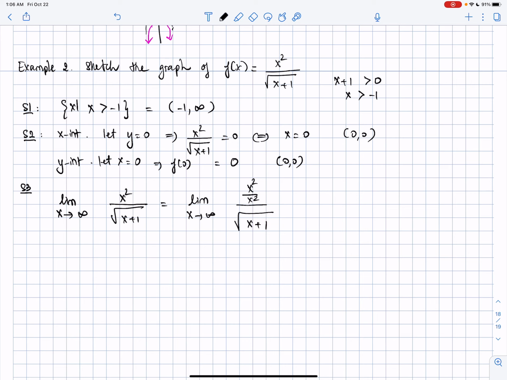Dividing by x squared is equal to the square root of x to the 4th, so when it goes inside the square root, it becomes x to the 4th. So on the top is 1. In the bottom, we have the square root of 1 over x cubed plus 1 over x to the 4th.